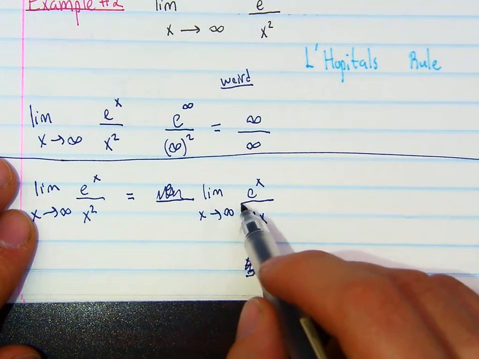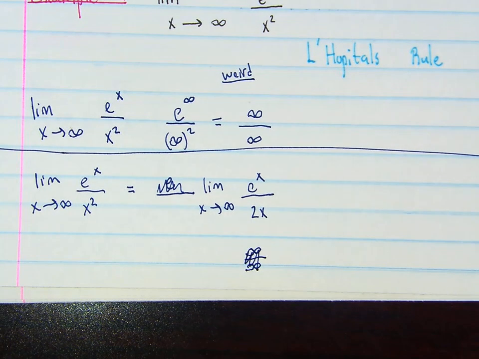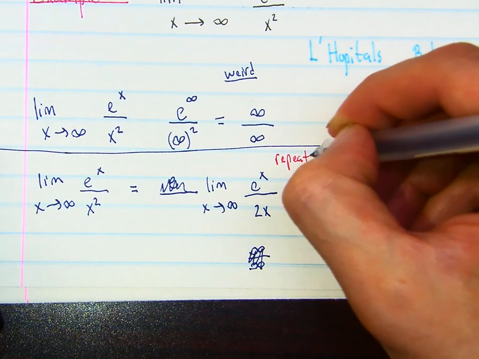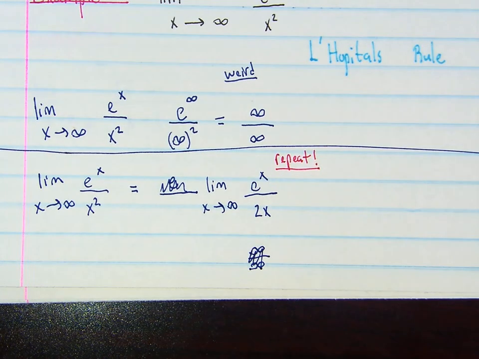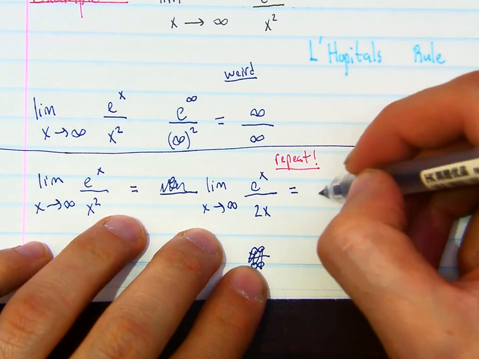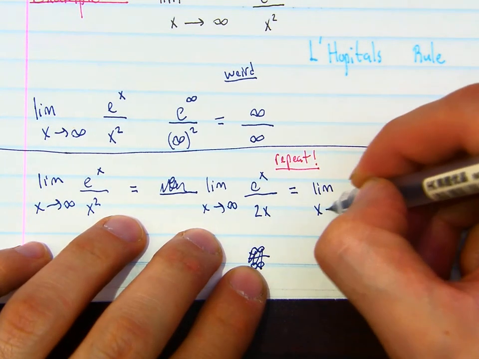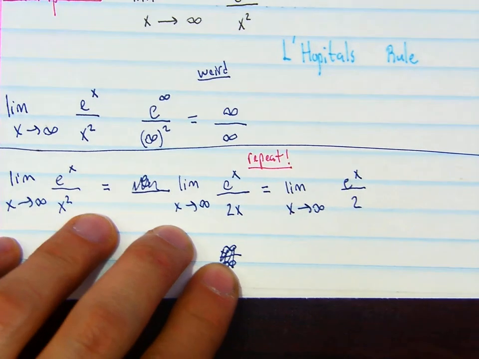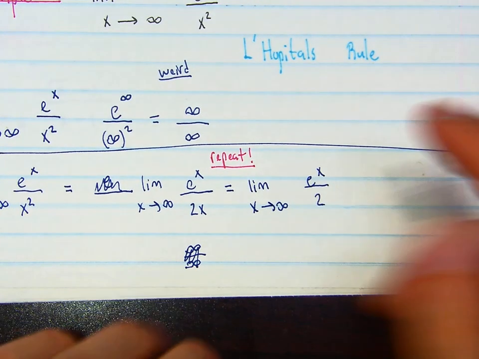So what you're allowed to do, let me write this down, is repeat. You're allowed to take the derivative again. So let's take the derivative of the top and bottom. It's the limit as x approaches infinity of e to the x over 2. So now what do we get?